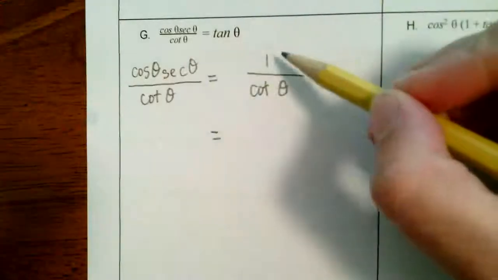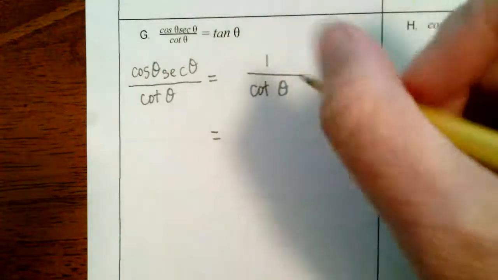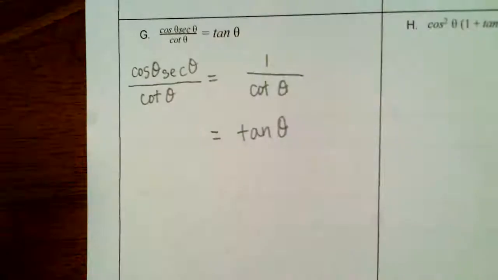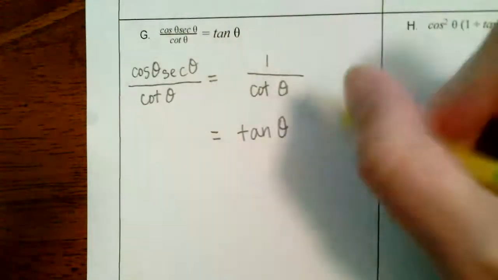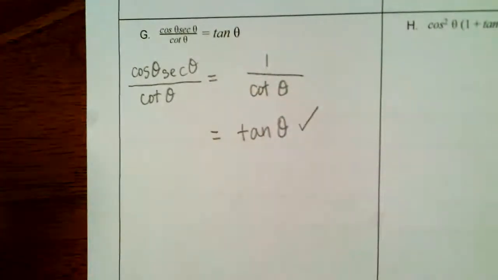And I remember that 1 over cotangent of theta, I'm using another reciprocal property, is equal to the tangent of theta. Okay, so now I'm back where I want to be, so I can put my check mark and my identity is proven.